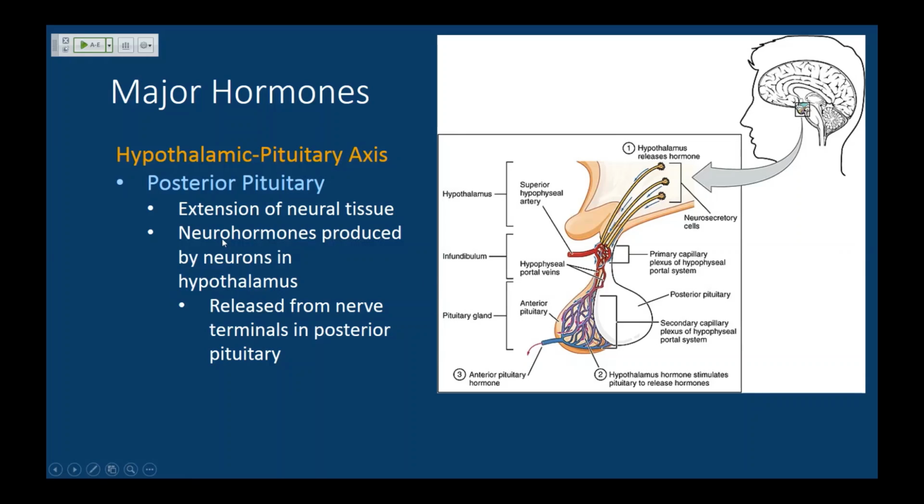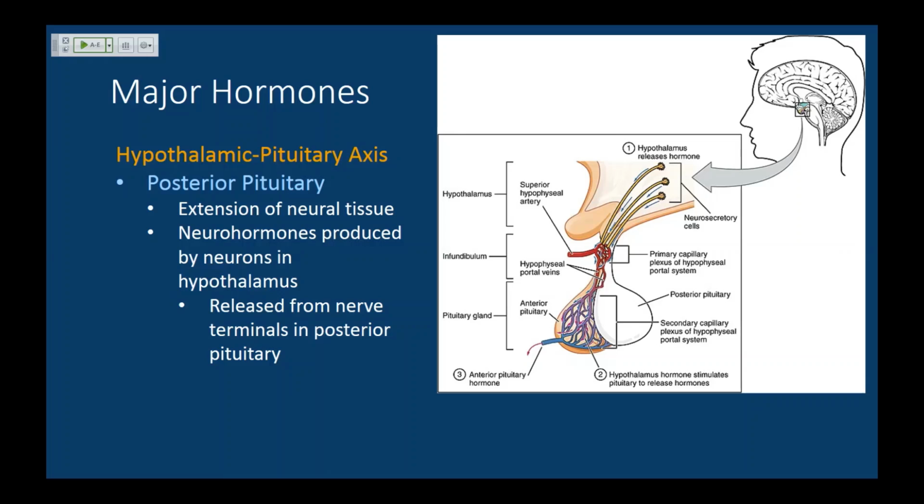So what this means is that neurohormones are going to be produced by the cell bodies of the neurons in the hypothalamus. They are going to travel down the axon to the posterior pituitary, where they can then be stored and released from the nerve terminals in the posterior pituitary.